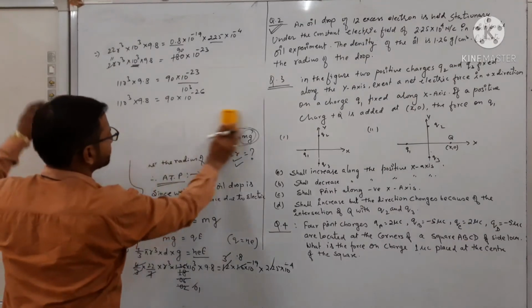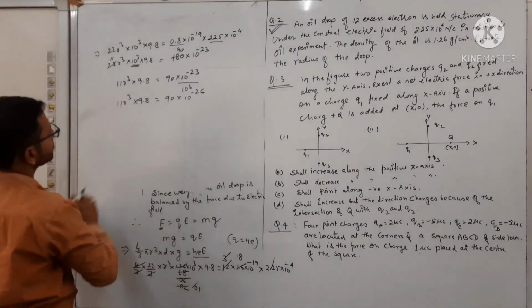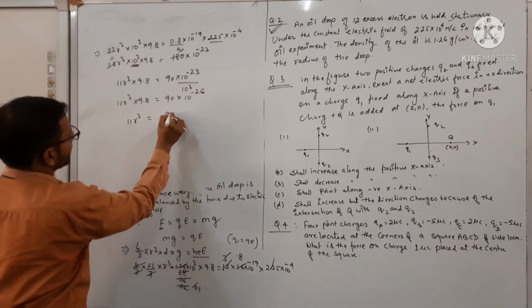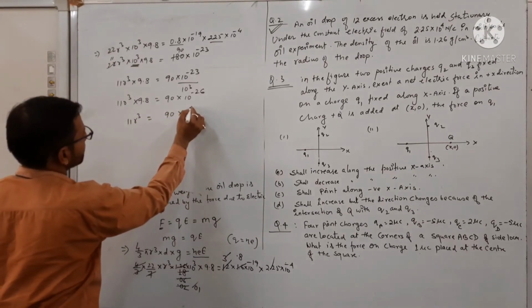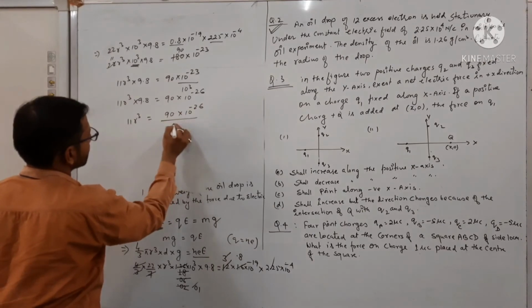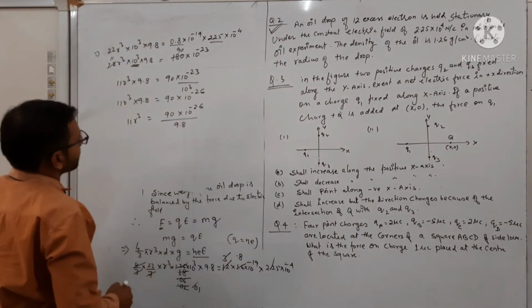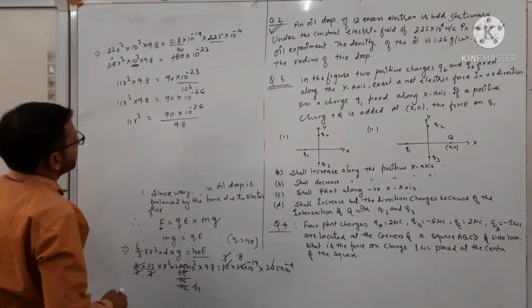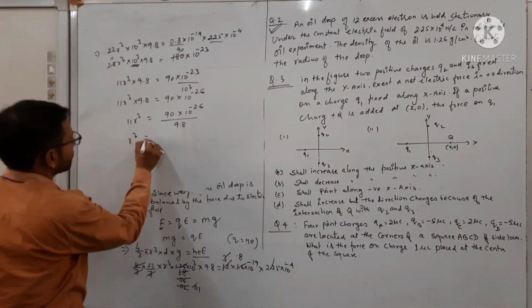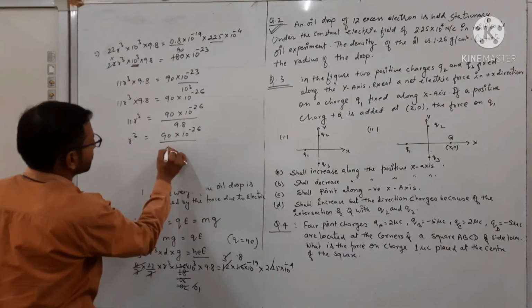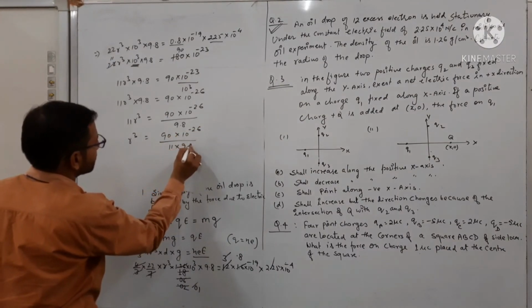After that, 11 r cube is equal to 90 into 10 raised to the power 26 over 9.8. Now I will solve this part, r cube is 90 into 10 raised to the power 26 over 11 into 9.8.